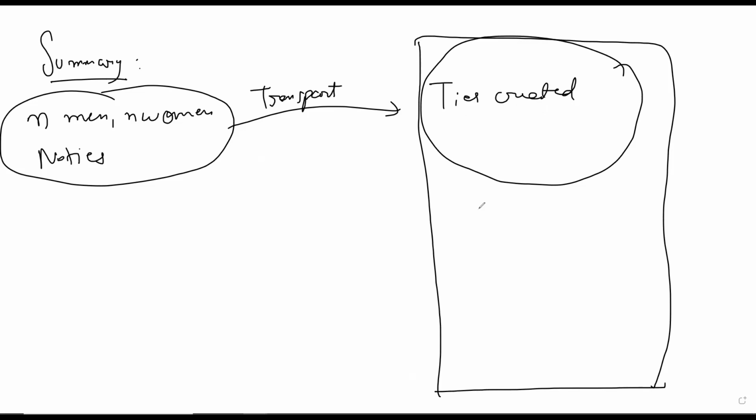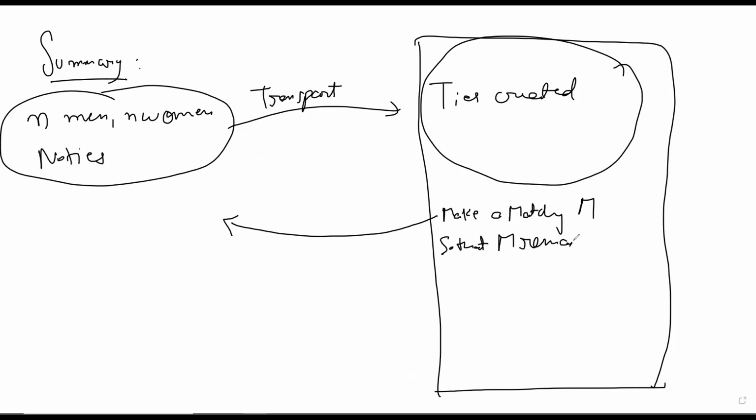With this information, the goal was to make a matching M such that when you look at M in the original case, it remains a good matching. So M remains stable in the original case.